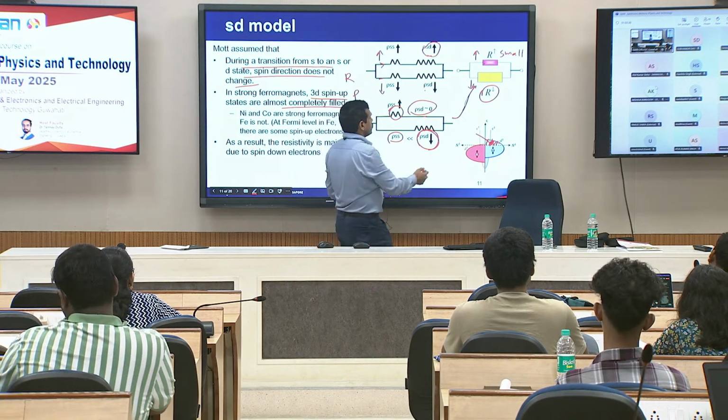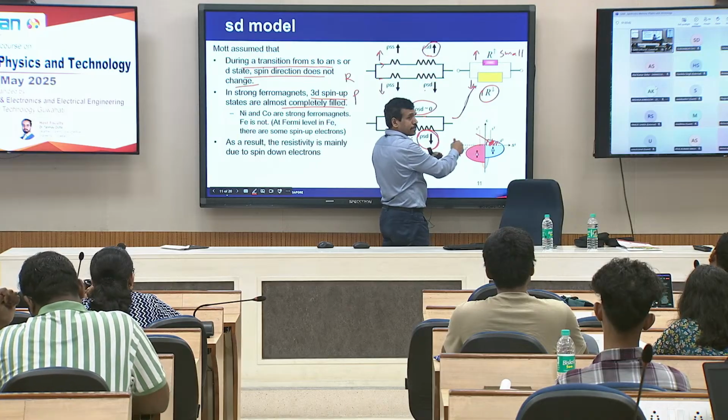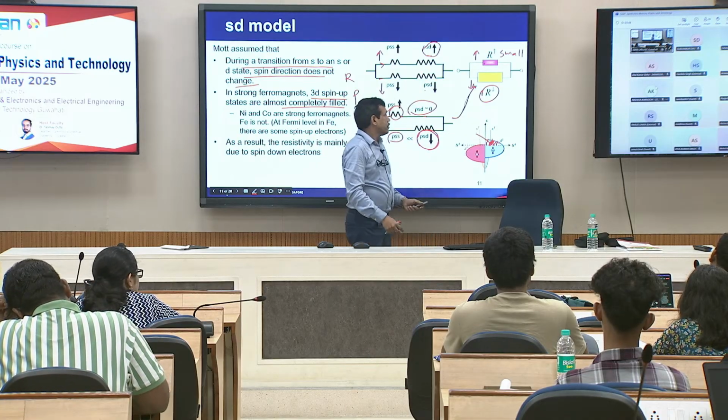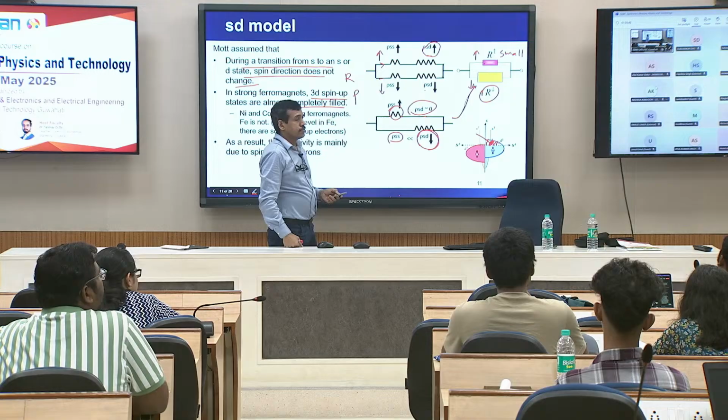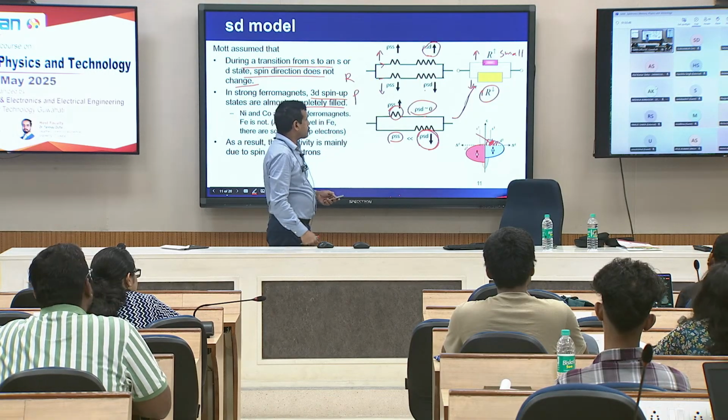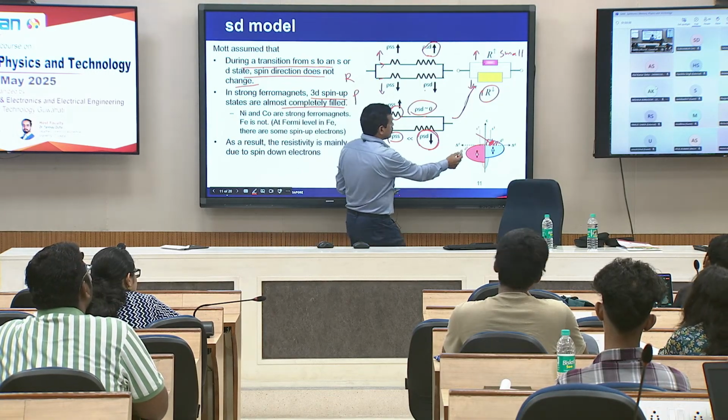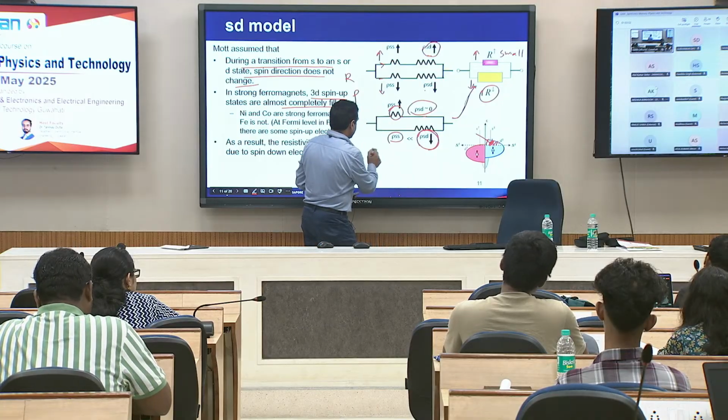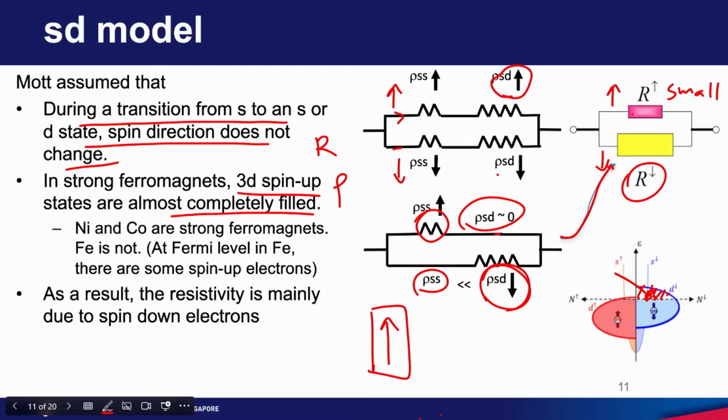These are the available states, so the electrons can go there. If I am passing a current through this, then the majority will be down and the minority will be up. No, majority means, let us say you have a layer with a magnetization like this, majority is this. But for up spin there is no density of states available. Yeah, up spin does not get scattered much.